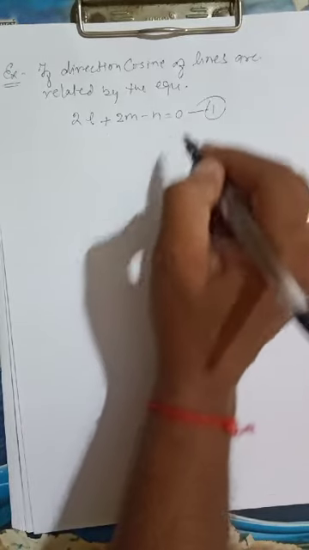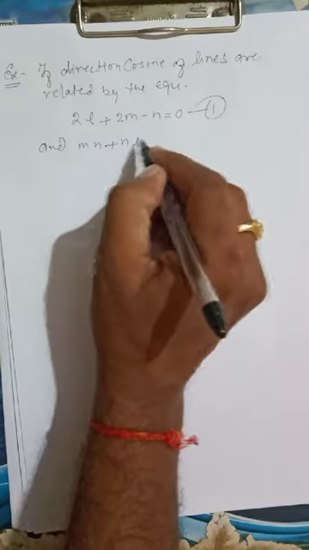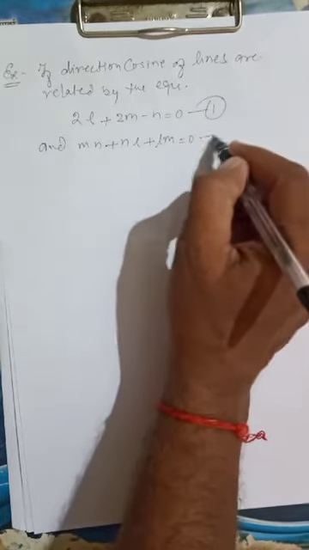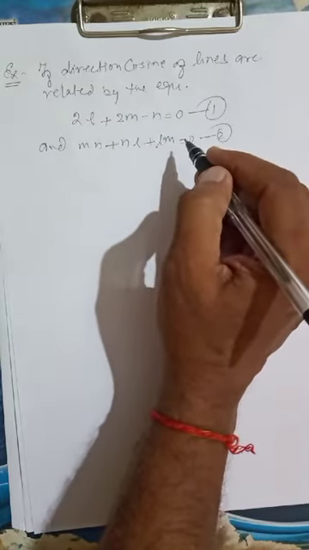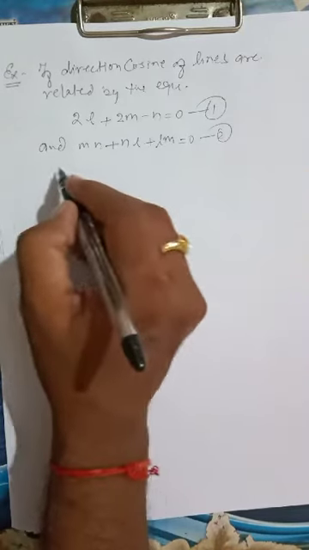This is first equation. And Mn plus NL plus Lm is equal to 0. This is second equation. And you have to show that line 1 is perpendicular to line 2.